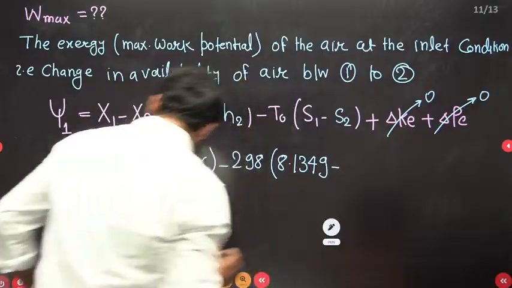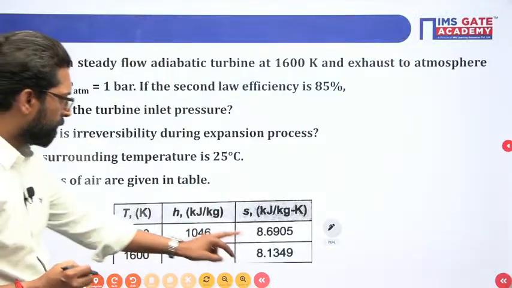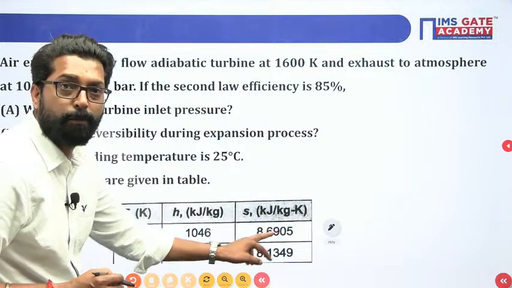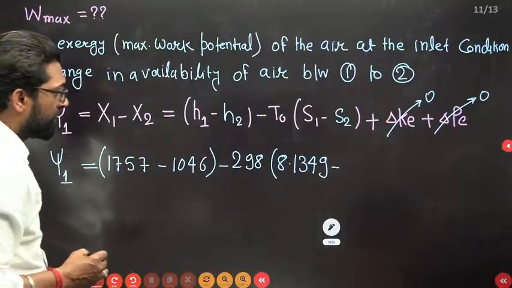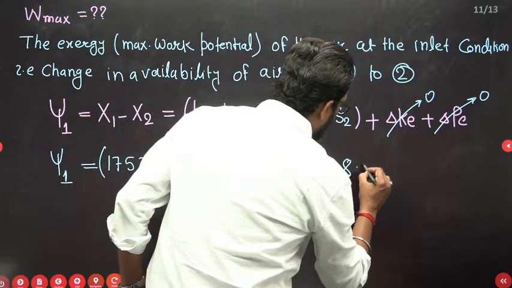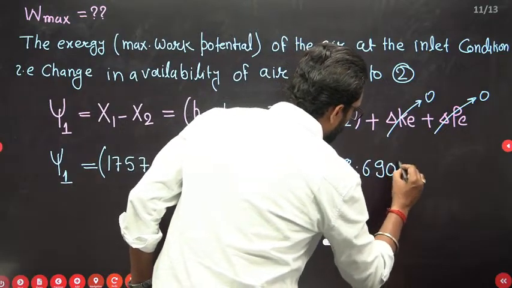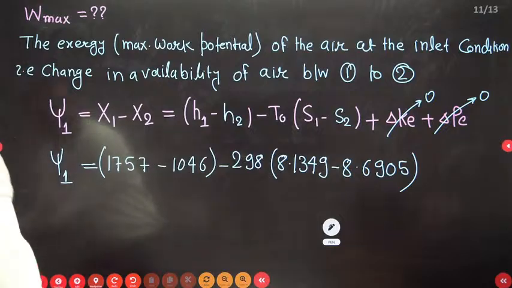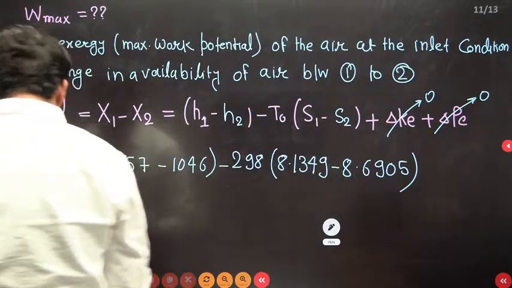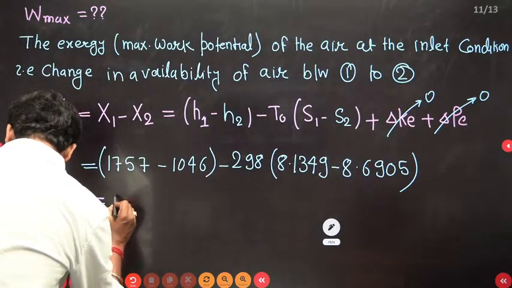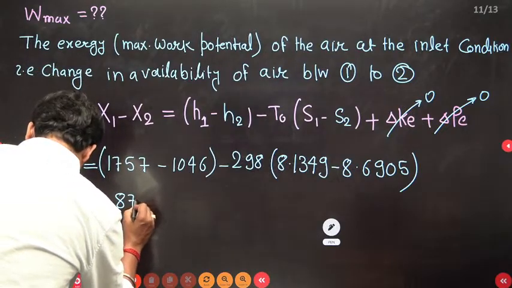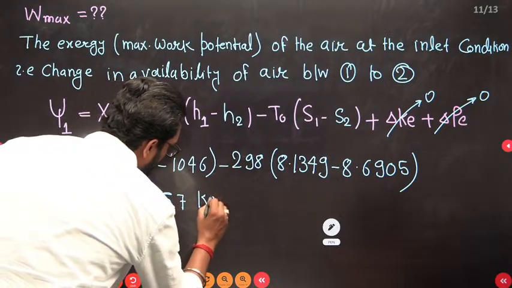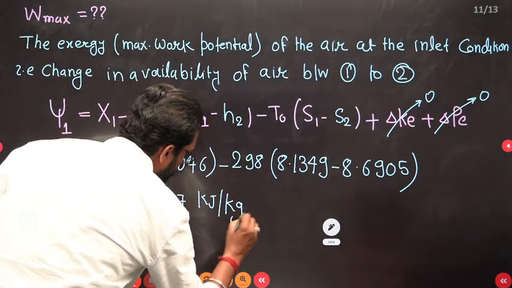And what is the entropy at exit condition? 8.6905. We'll check and match this one, no problem. So if you solve this one, this is your 876.57 kilojoule per kg. Clear?